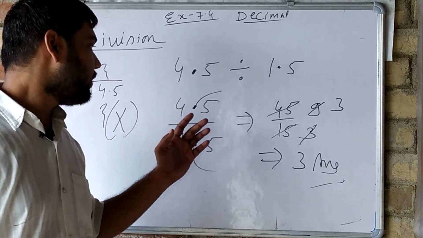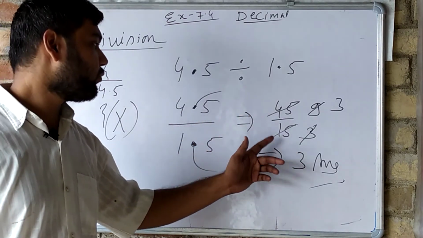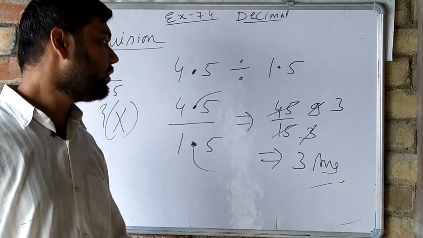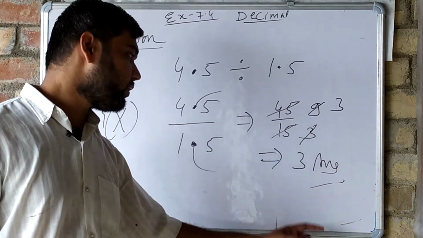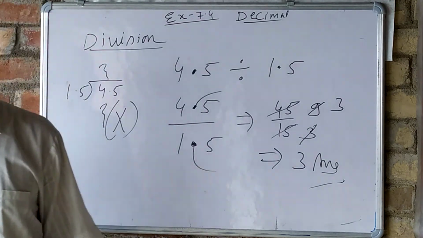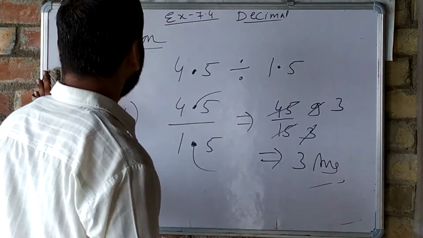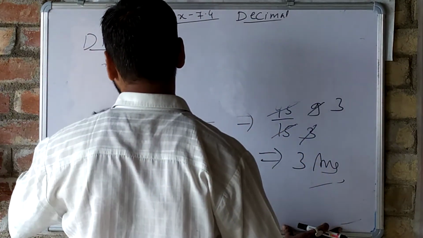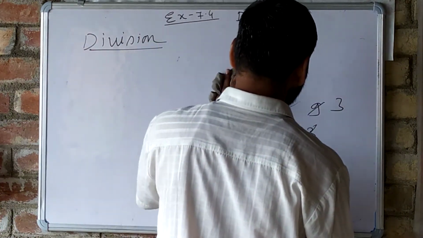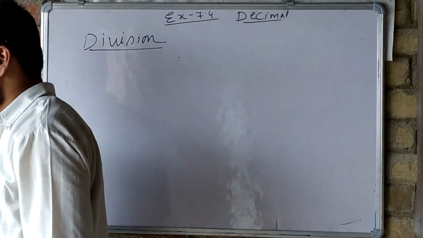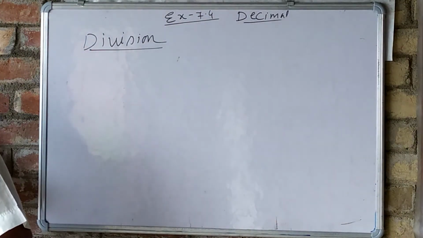Now the decimal is removed and the value turned to a fraction, 45 upon 15. After reducing, we have the answer 3. So it is easier. I suggest you adopt this. It is less time consuming, easy and more practical.